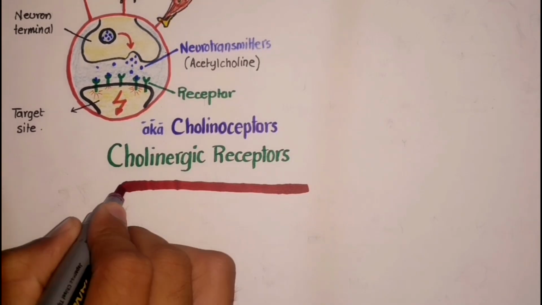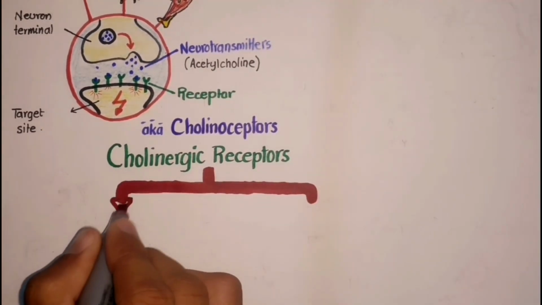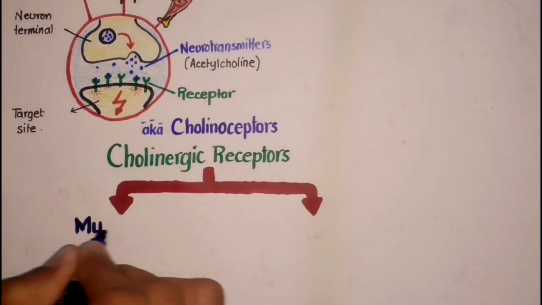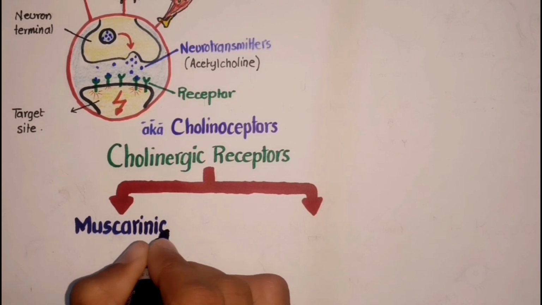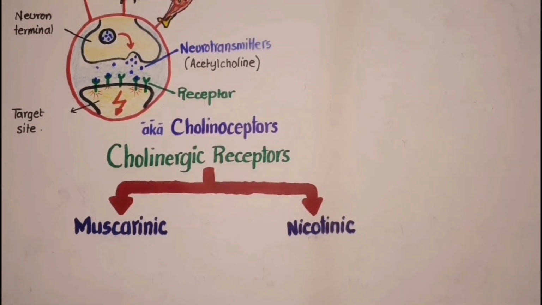And that's why, for better understanding, these are basically divided into two categories: the muscarinic receptors and the nicotinic receptors, based on their different affinities for cholinomimetics, that is, the agents which mimic the action of acetylcholine when they bind to these receptors.